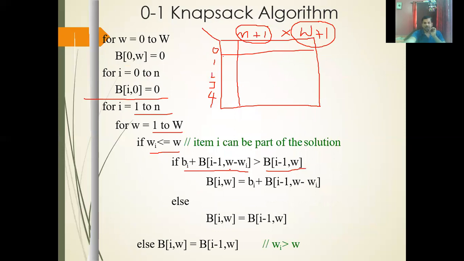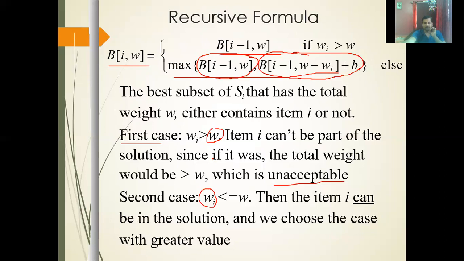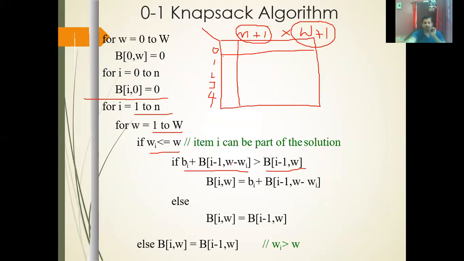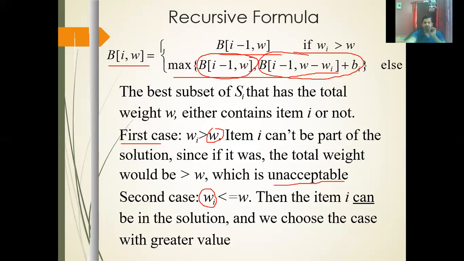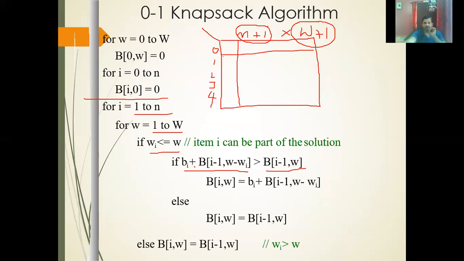Just check out which is maximum. B of i minus 1 comma w minus wi, plus bi, greater than b of i minus 1 comma w, this recursive formula. The maximum, if this is greater, this part will be initialized to b of i comma w.